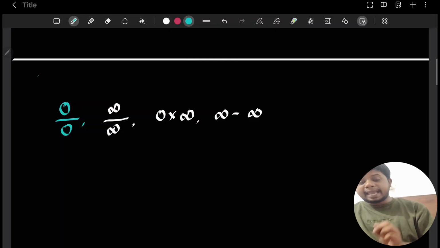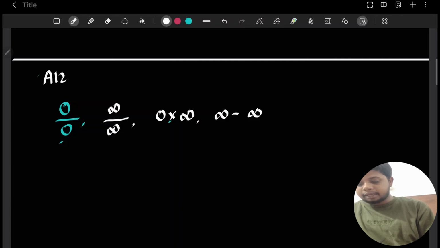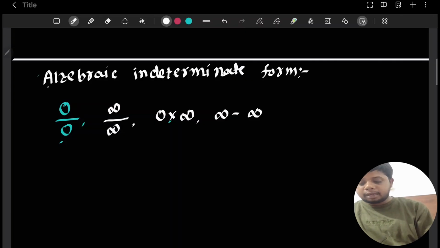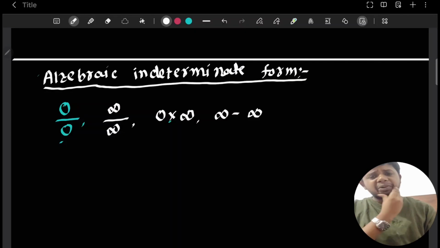So that means, can we say that here division, multiplication and subtraction are included, means algebra is included, correct? You will say yes sir, algebra is included. So if algebra is included, we will say that these are the algebraic indeterminate forms. Algebra is included means algebraic.